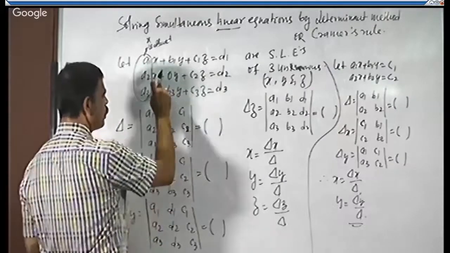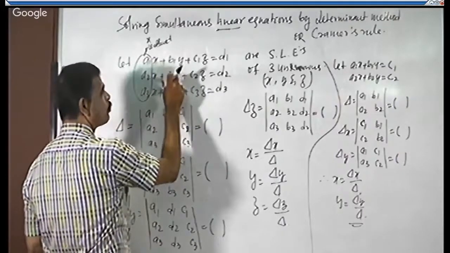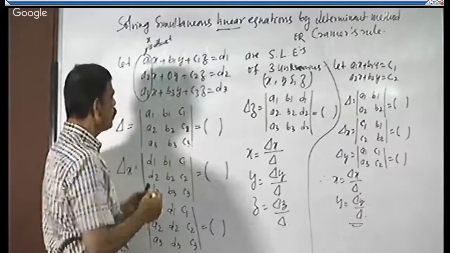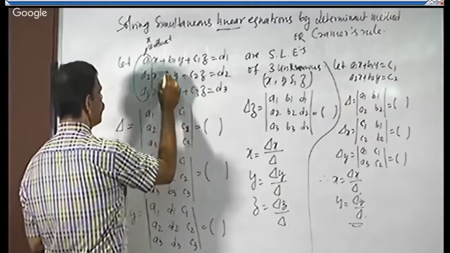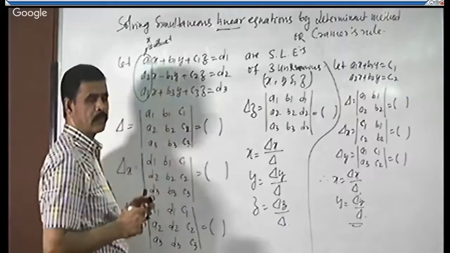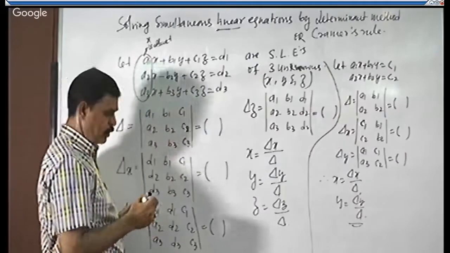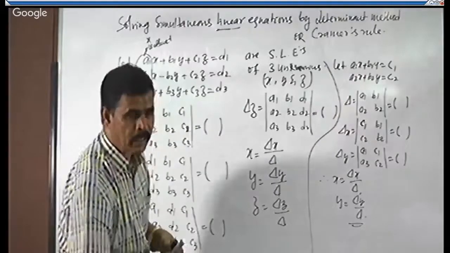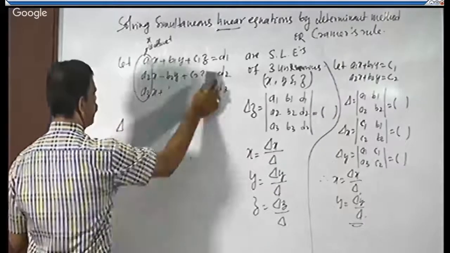In the given equation, if any unknown is missing, in that position you need to take 0 into that unknown. Sometimes, if the coefficient has a minus sign, what to do? Along with the minus sign, we have to write the coefficient. So these are the points we have to remember while writing deltas. Let us take examples.